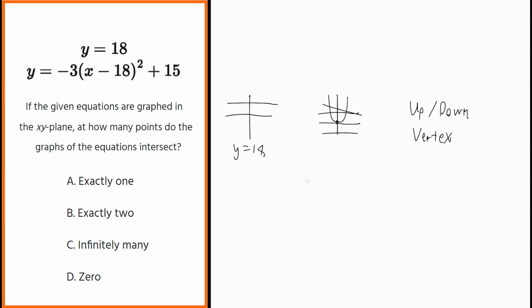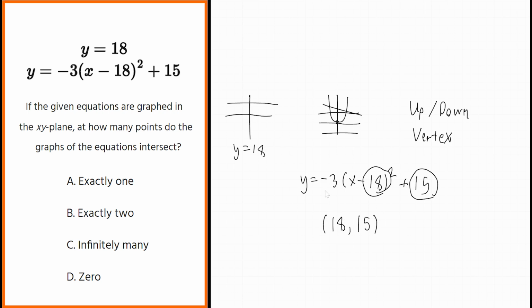Fortunately, the equation that we are given, y equals -3 times (x minus 18) squared plus 15, is given to us in vertex form, which means the value of our vertex is already here in plain sight in our equation. In this equation, the vertex is at the point (18, 15).